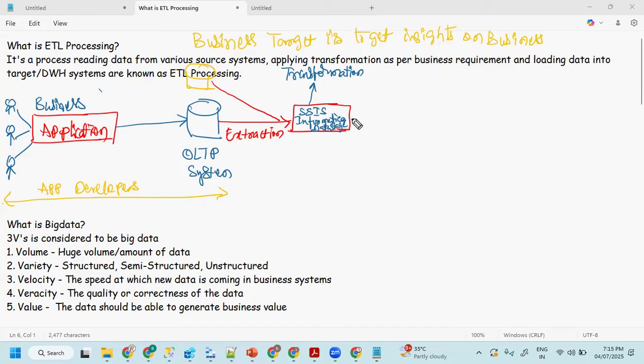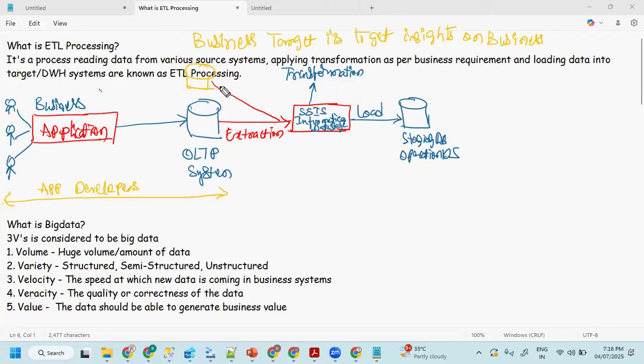And we are going to have a database called the staging database here. We're going to load the data into this. So this system, we can call it a staging DB or operational data store. The reason why we have it is that your business systems are distributed or split into multiple platforms or areas.